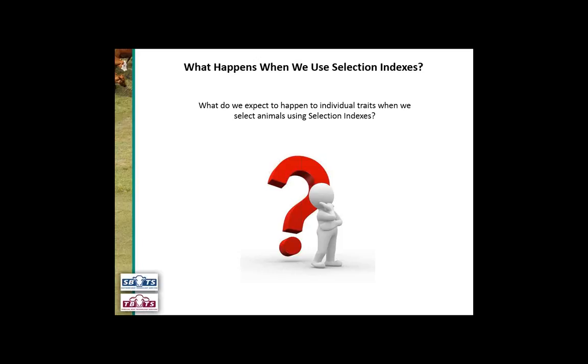Now, what I haven't said is that in setting up an index, the Breed Society Technical Officer or the SBTS Technical Officer, in association with some breeders for that breed, answer a number of questions as to the current situation with the breed.